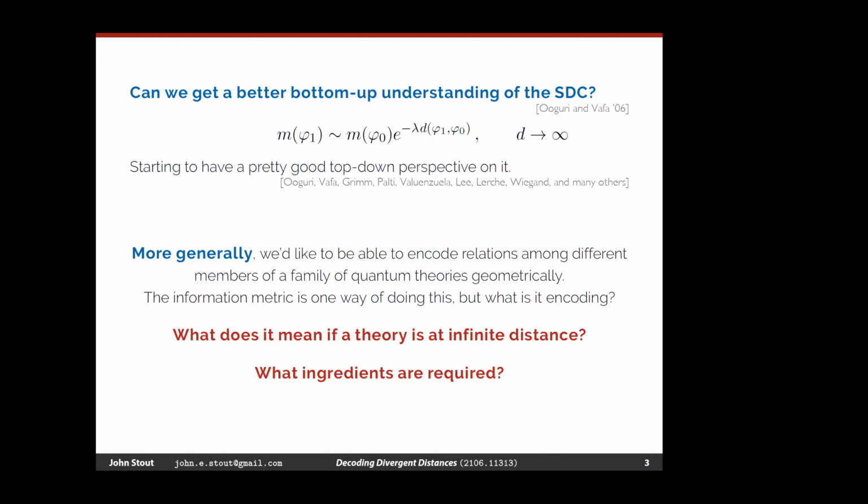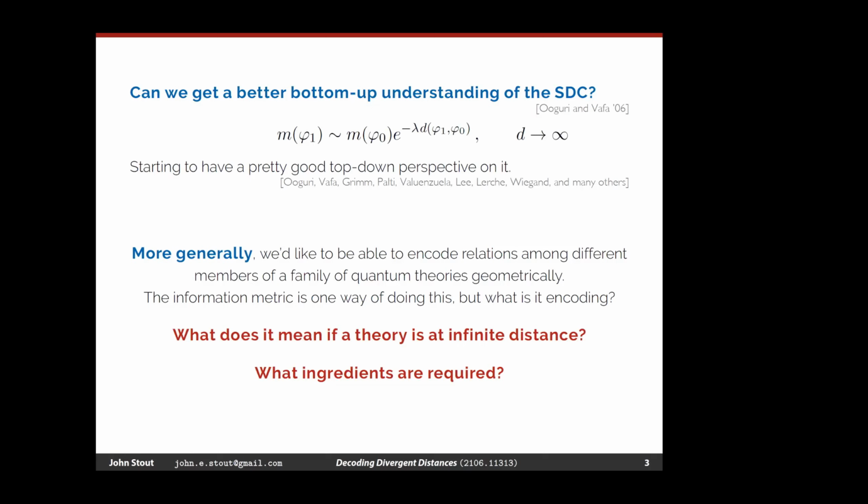We're still, I think, missing a bottom-up understanding of this conjecture. And more generally, I think the interesting question is, if we have a family of quantum theories, how do we encode the relationships among them geometrically? It's usually a very powerful way of studying different families of things, and it would be nice to have a better understanding of what the geometry of general theories is.